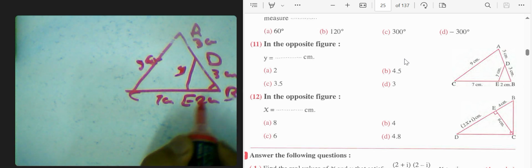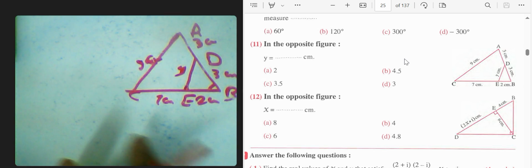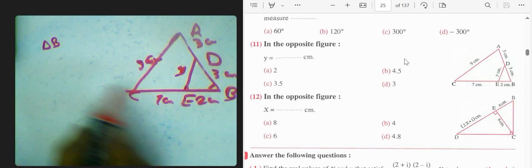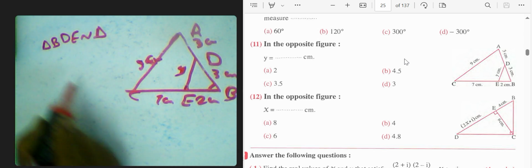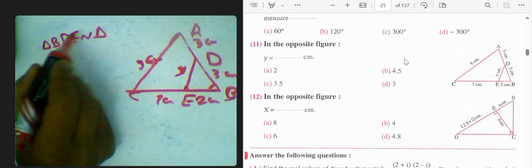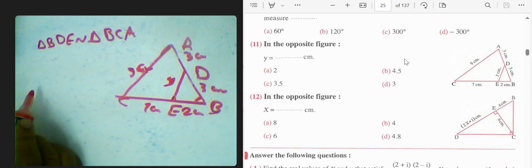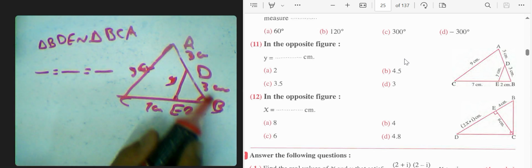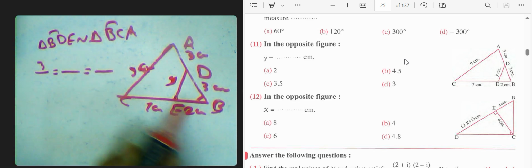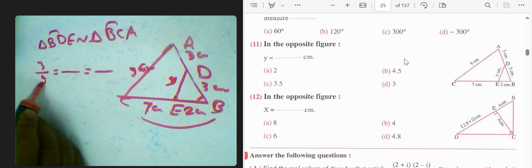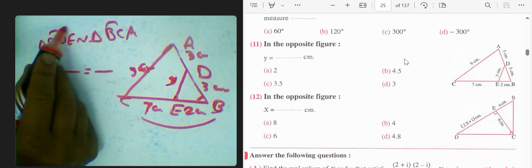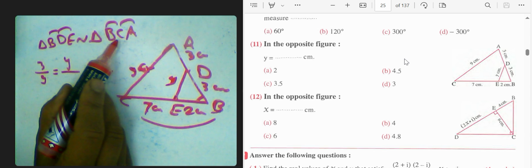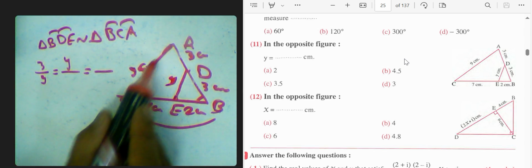Okay, so to write the ratio correctly, we must first test the ratio between the corresponding sides, as I did. So write the triangles first: triangle BDE is similar to triangle BCA, and then you can find the simplest of the three ratios here. First, we have BD equal 3 centimeter, and BC we have 2 plus 7 will be 9, and then DE over CA, we write DE, y, over CA, it will be 9.